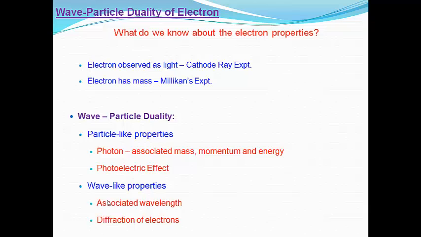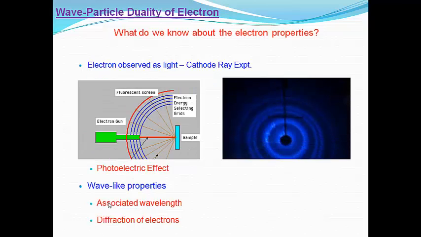And of course, another important property that pinpoints its wave-like property is the diffraction that electrons can go through, which is based on the interference of the waves that the electron is moving with.